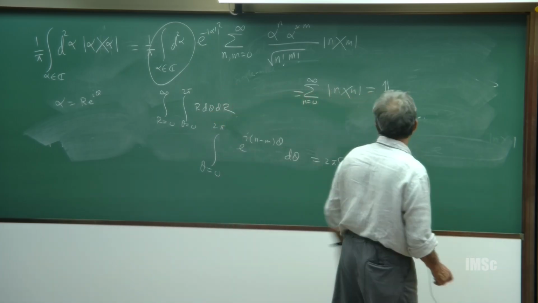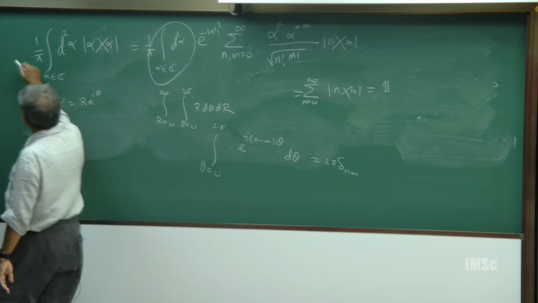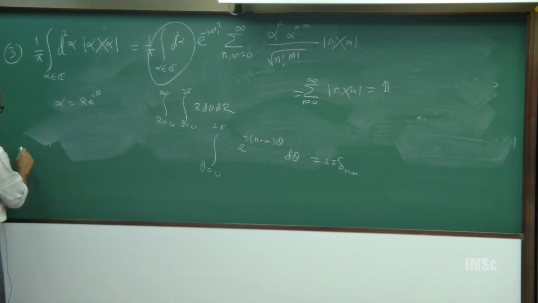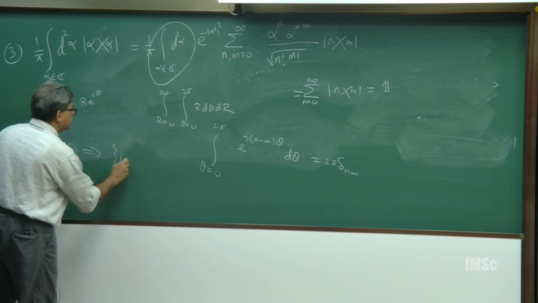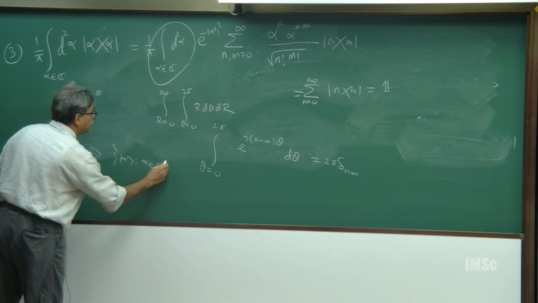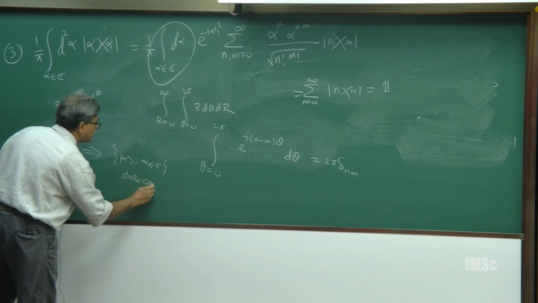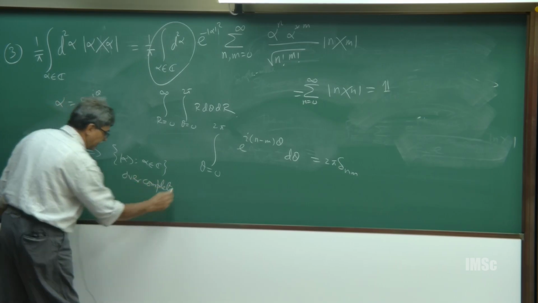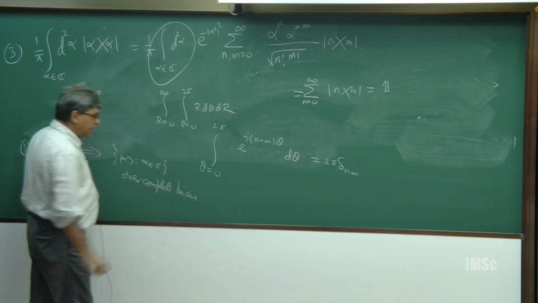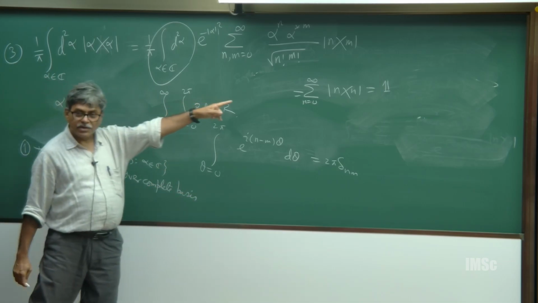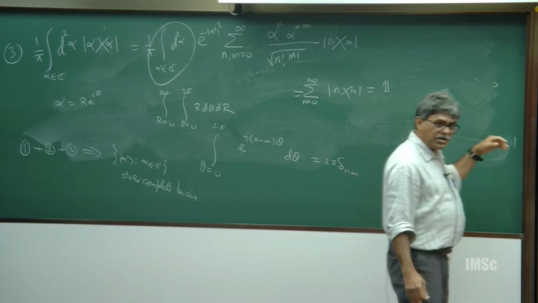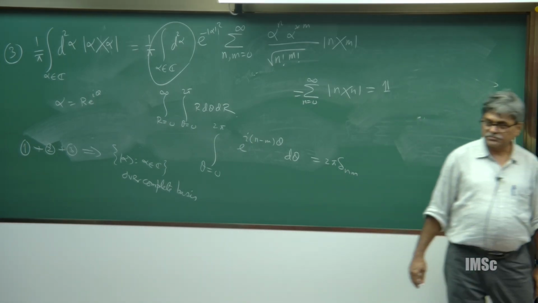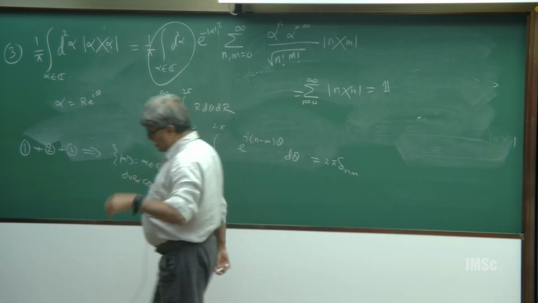So, these three properties, 1 plus 2 plus 3, together tell you that these coherent states form an overcomplete basis. Overcomplete because your Fock space is countably infinite, but this is an uncountable set.